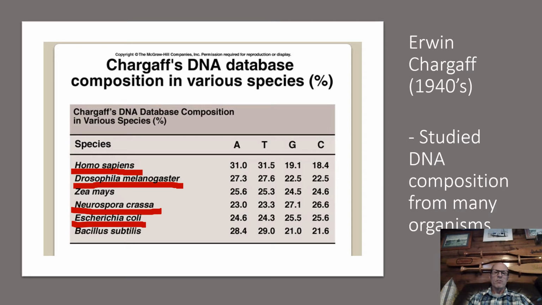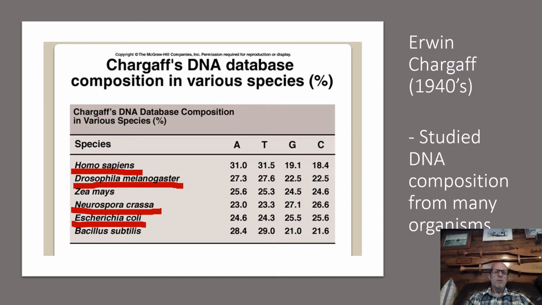When Chargaff studied the amount of adenine and thymine in each of these organisms, he found that the A's almost equaled the T's. So in the human, you can see that the concentration of A and T are very closely related. However, in the fruit fly, A and T were similar, but were different from the A and T concentrations in the human.